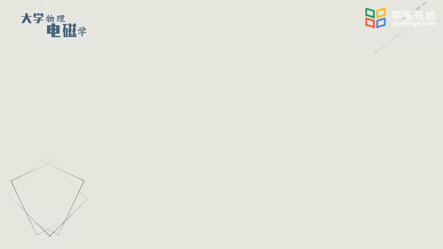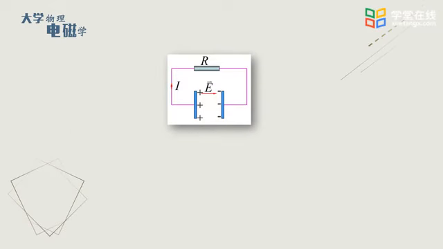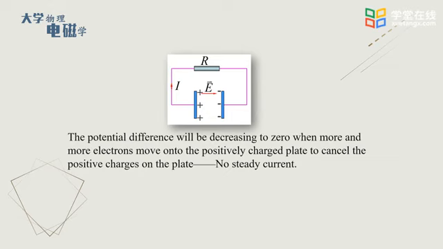However, in this case, the potential difference will decrease to zero when more and more electrons move onto the positively charged plate to cancel the positive charges on the plate. Hence, when only the electrostatic force exists in the circuit, we cannot maintain a steady current.